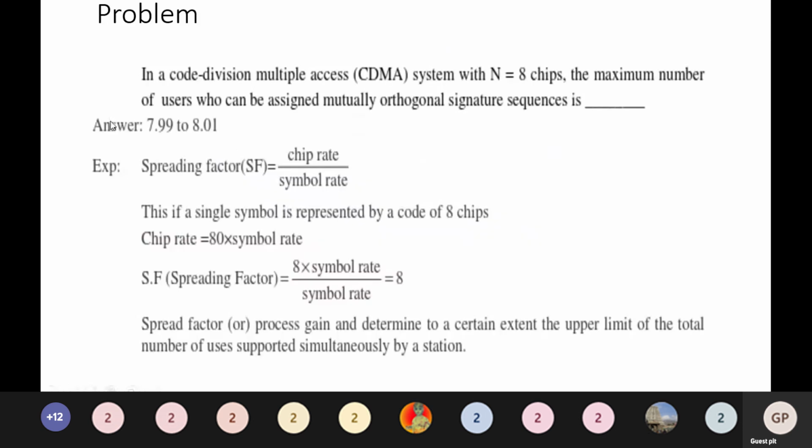In a code division multiplexer system with N equal to 8 chips, the maximum number of users who can be assigned mutually orthogonal signature sequences is what?